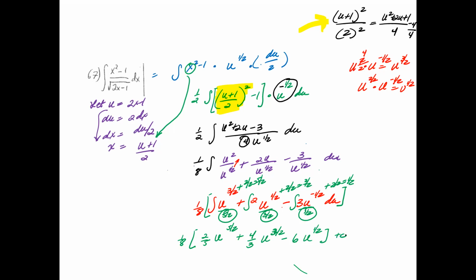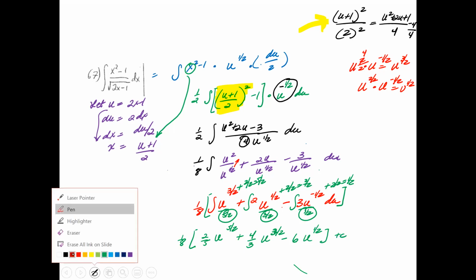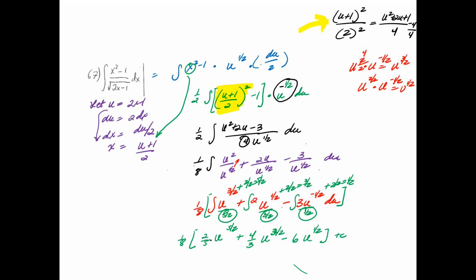Okay, so then at this point, the last piece that you want to do is replace the u and then distribute the 1/8. So if you look at this right here, the 2 and the 1/8 gives me a 1/4. So that's a 1/20. Replacing the u, which is 2x minus 1 to the 5/2, plus 4 over 8 is going to be a 1/2.